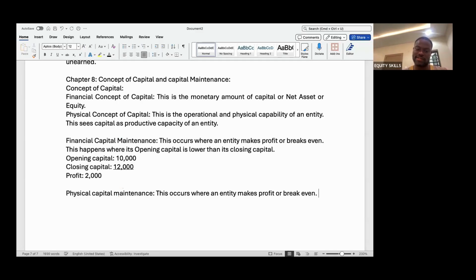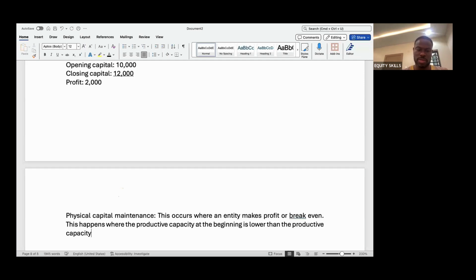But the context is different because for physical, this really happens where the productive capacity at the beginning is lower than the productive capacity at the end, right?